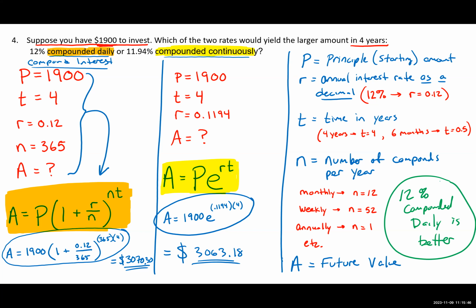Now, the answer would be the other one if the question said you're borrowing money. So better depends on context. This is an investment, so the better option is the higher number. If the question said you have to borrow $1,900, which is the better option, it would be the yellow one, the smaller number.